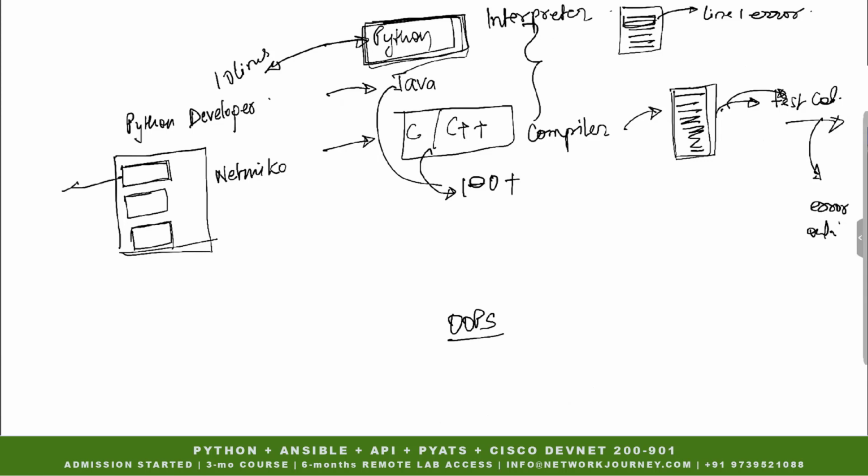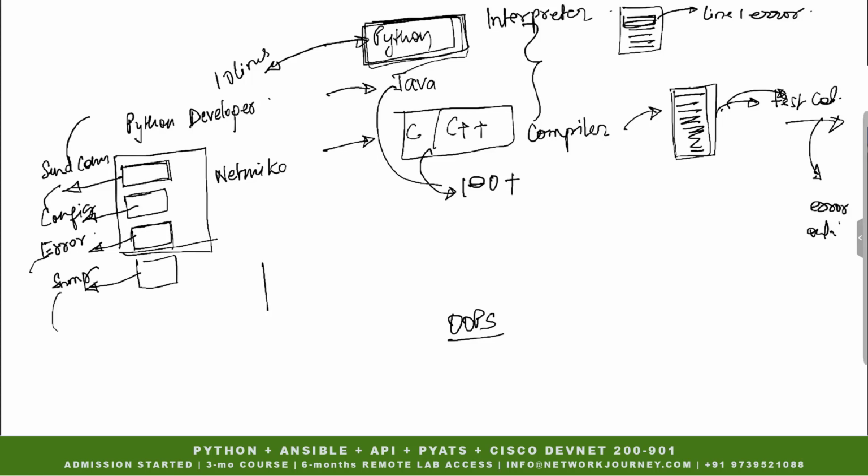Let's say you want to call something for sending a command, push the configuration, handle errors, or have some SNMP blocks. Now these are all converted into objects and we can call them.